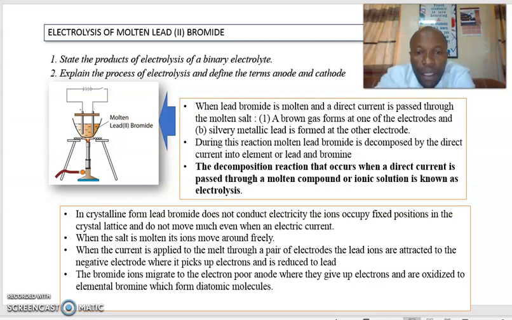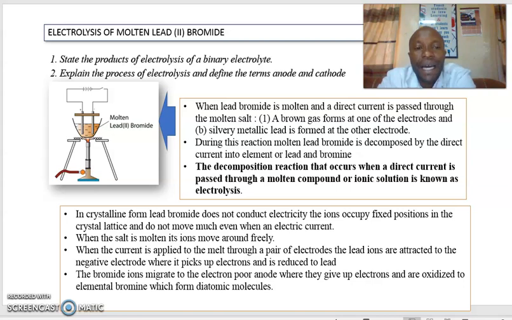What is happening in this case? You have the lead bromide being heated. The solid lead bromide has ions that are in fixed positions. The moment the lead bromide is heated, the lead ions are freed from the crystal lattice, and the bromide ions are freed from the crystal lattice also. The ions move to the respective electrodes: the anions move to the anode, the cations move to the cathode.